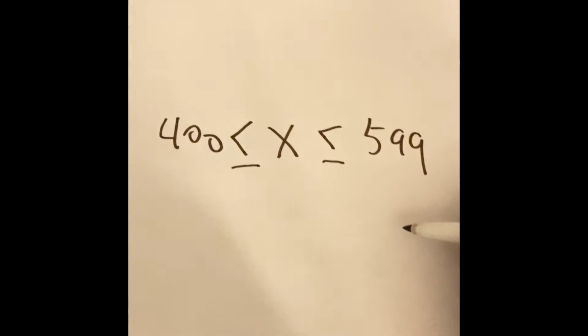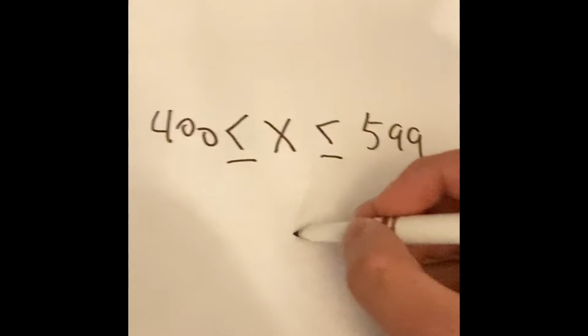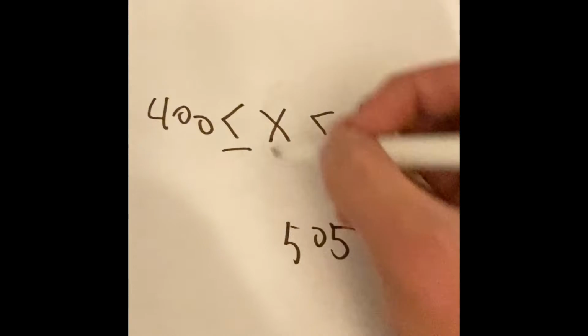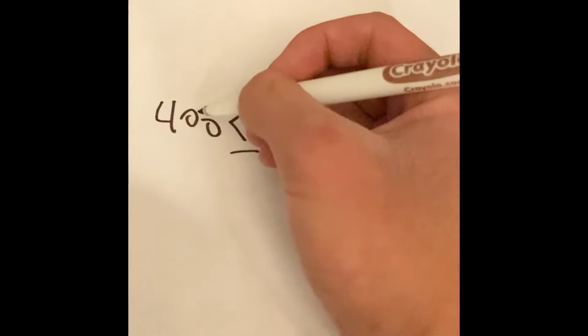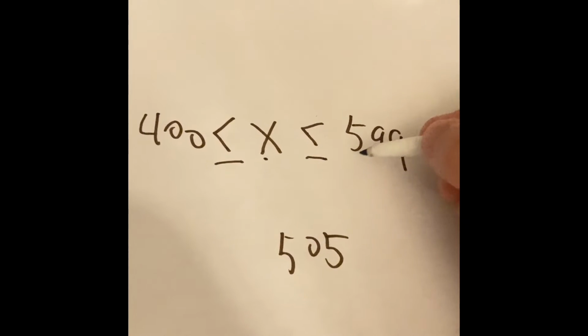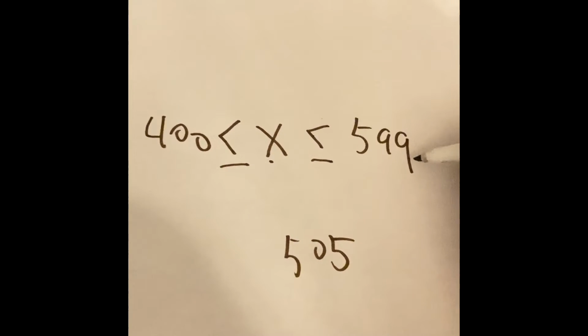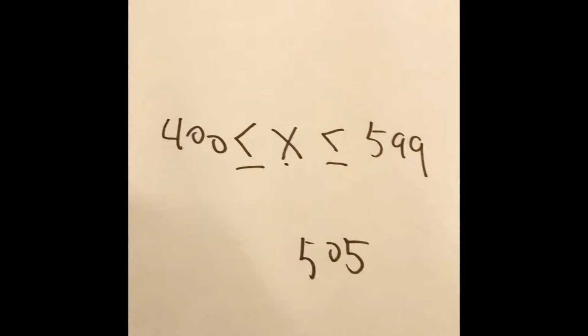But this inequality is for a 1-star gold medal. So, we have 505 inserted in for X, which means it works because it's greater than or equal to 400 and less than or equal to 599.